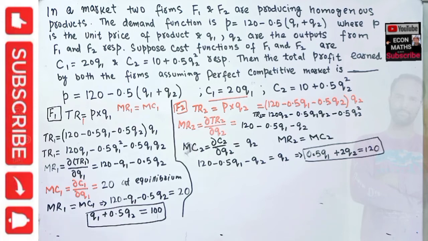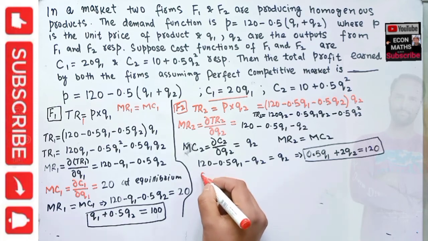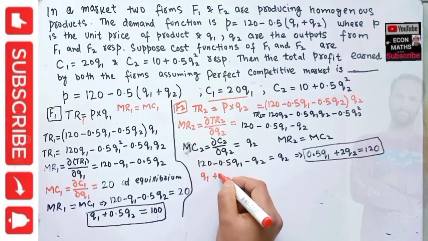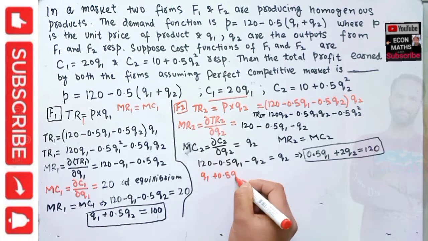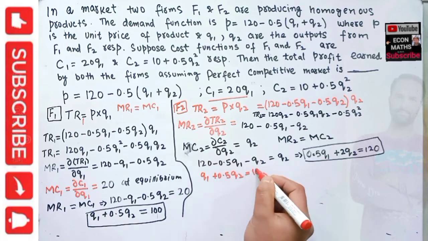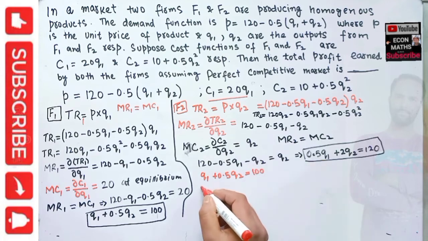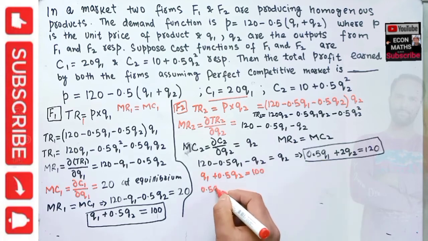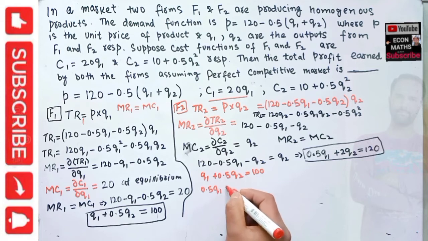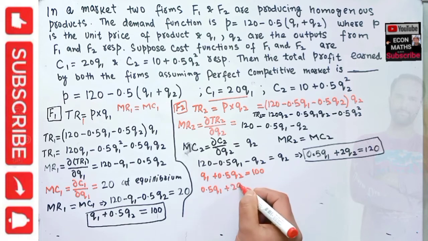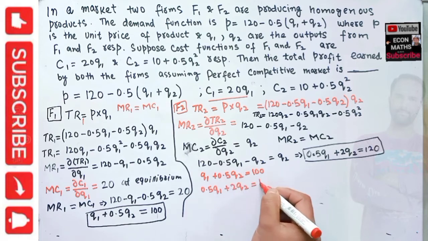Let me see if I have the space here to solve this. So let's write it here. We have Q1 plus 0.5 Q2 is equal to 100, and we have 0.5 Q1 plus 2Q2 is equal to 120.